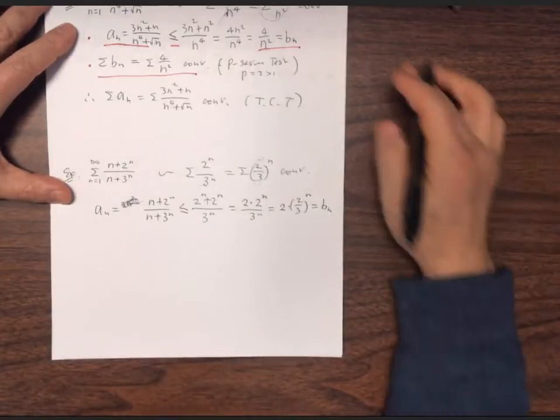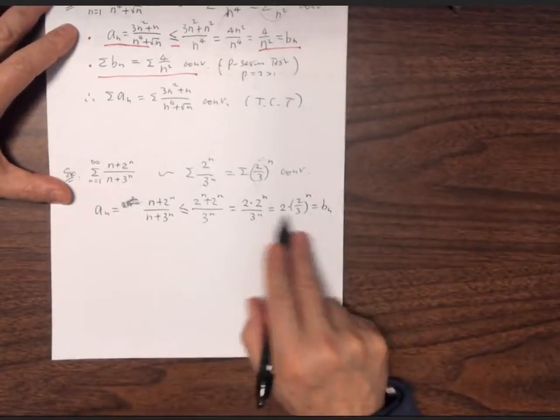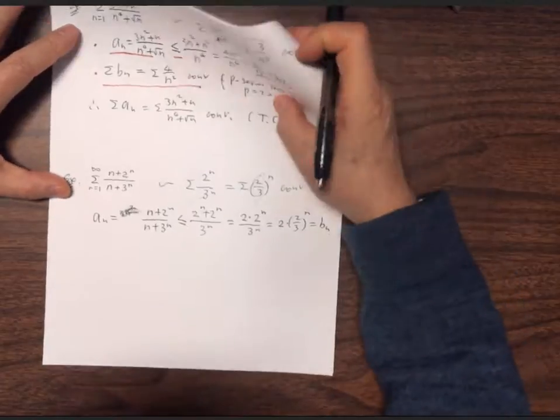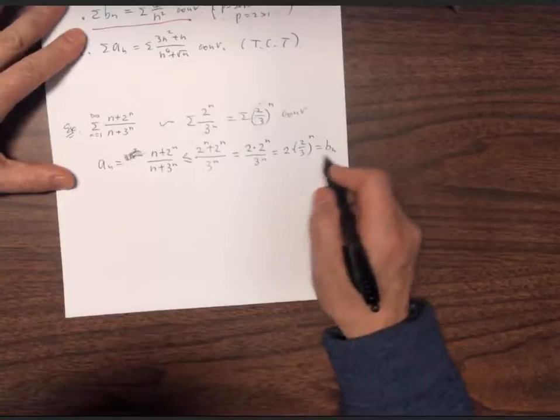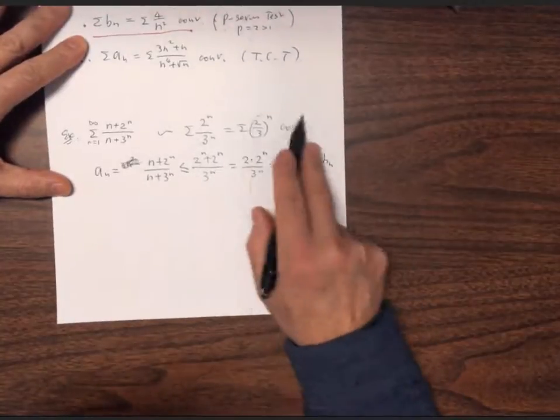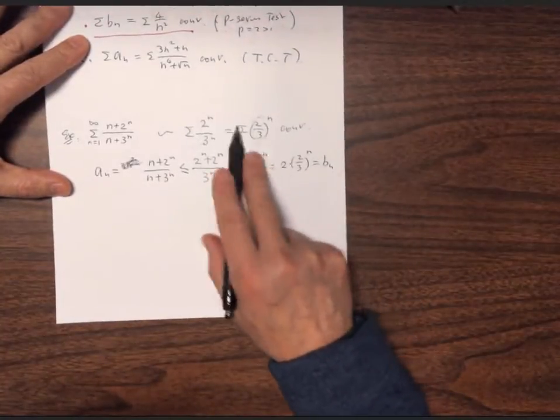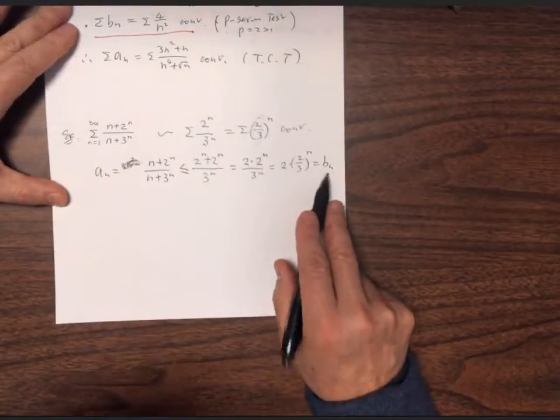This is our Bn, and we know this would give us a geometric series and a converging one too, because r is less than 1. Now when we were estimating, that's not the actual Bn we're using.